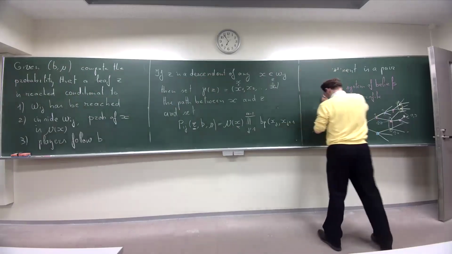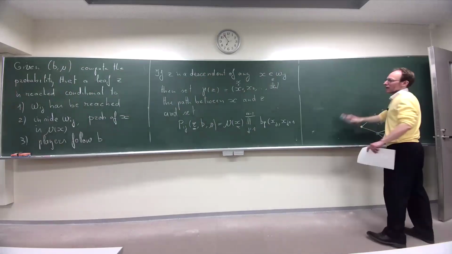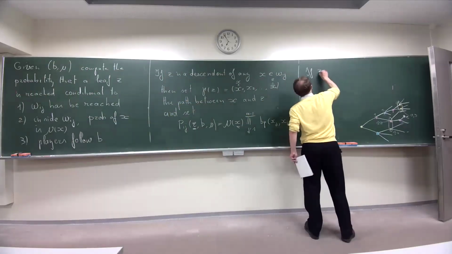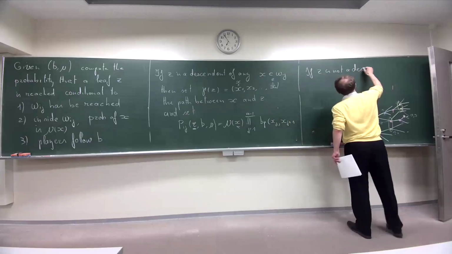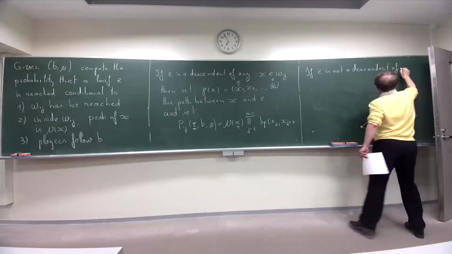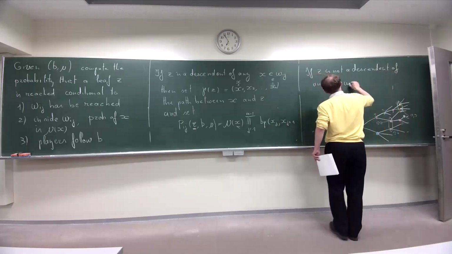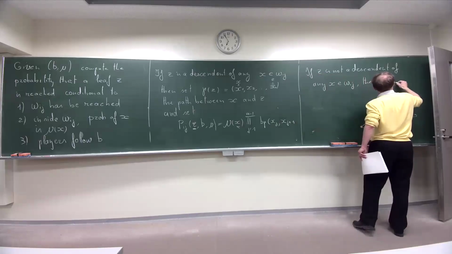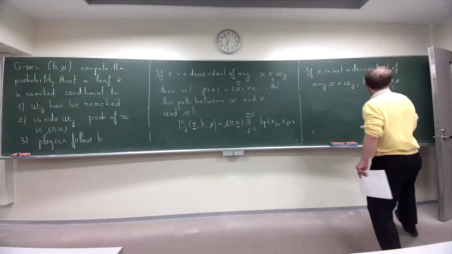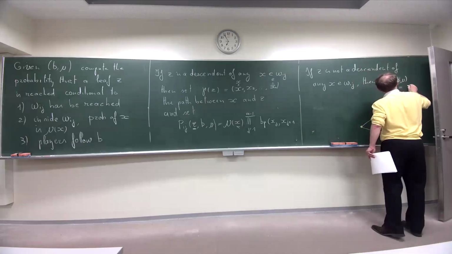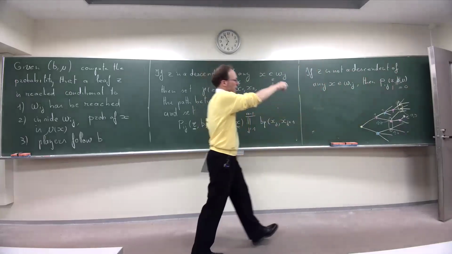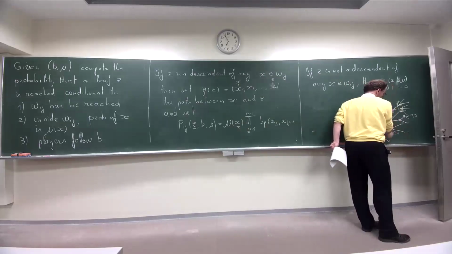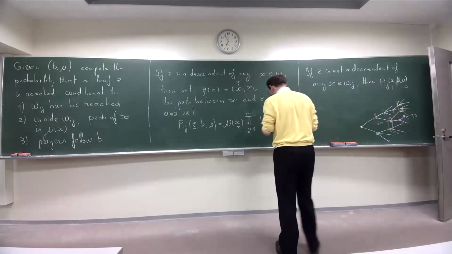And if z is not a descendant of any x inside omega ij, then you can just set this probability Pij of z, mu, b to 0, because if you consider this z here, it's not a descendant of anybody in this set, so you have no chance to reach this z starting from omega ij.